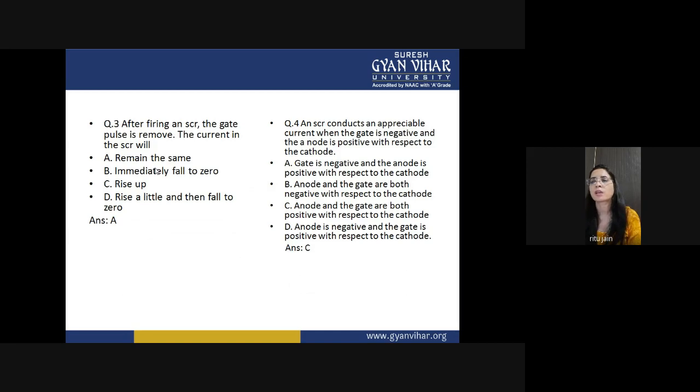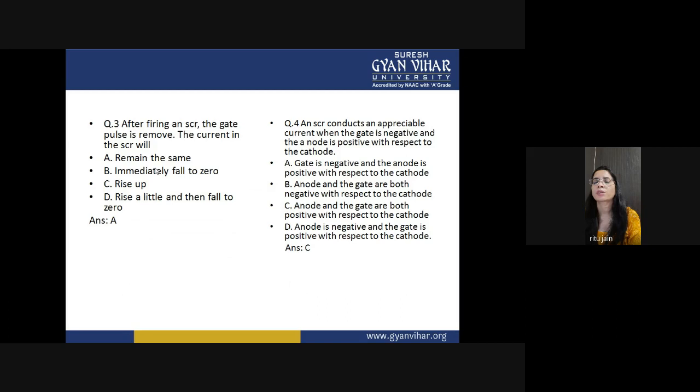The fourth question is: an SCR conducts an appreciable current when the gate is negative and the anode is positive with respect to the cathode; the anode and the gate are both negative with respect to the cathode; the anode and the gate are both positive with respect to the cathode; or the anode is negative and the gate is positive with respect to the cathode.